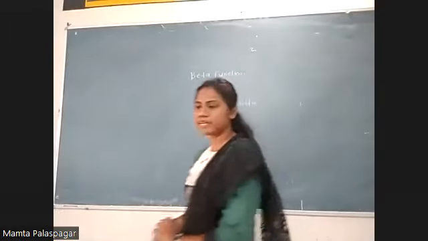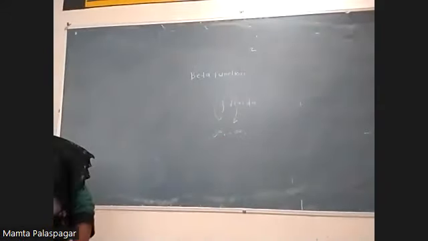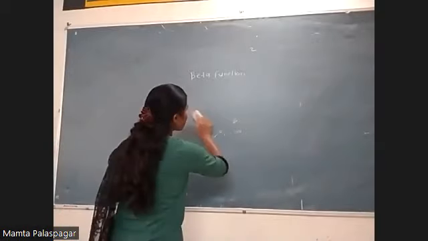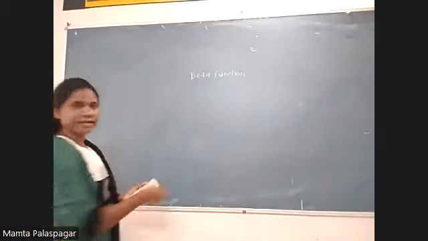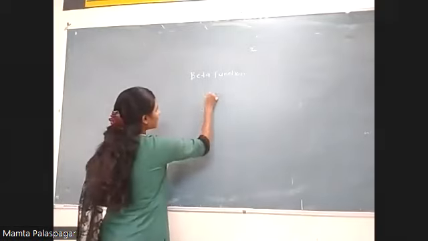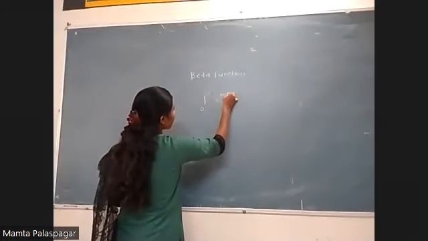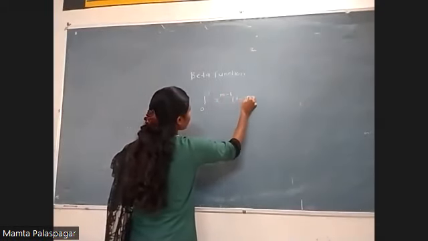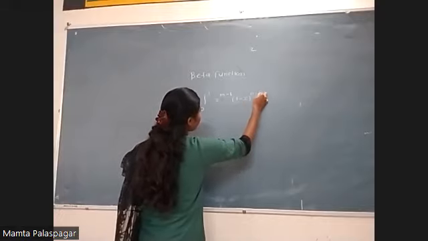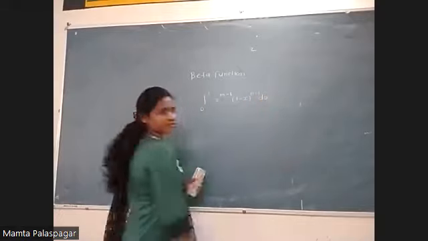Now in the beta function, the improper integral is in the form of the integration from 0 to 1 of x to the power m minus 1 into 1 minus x to the power n minus 1 dx.